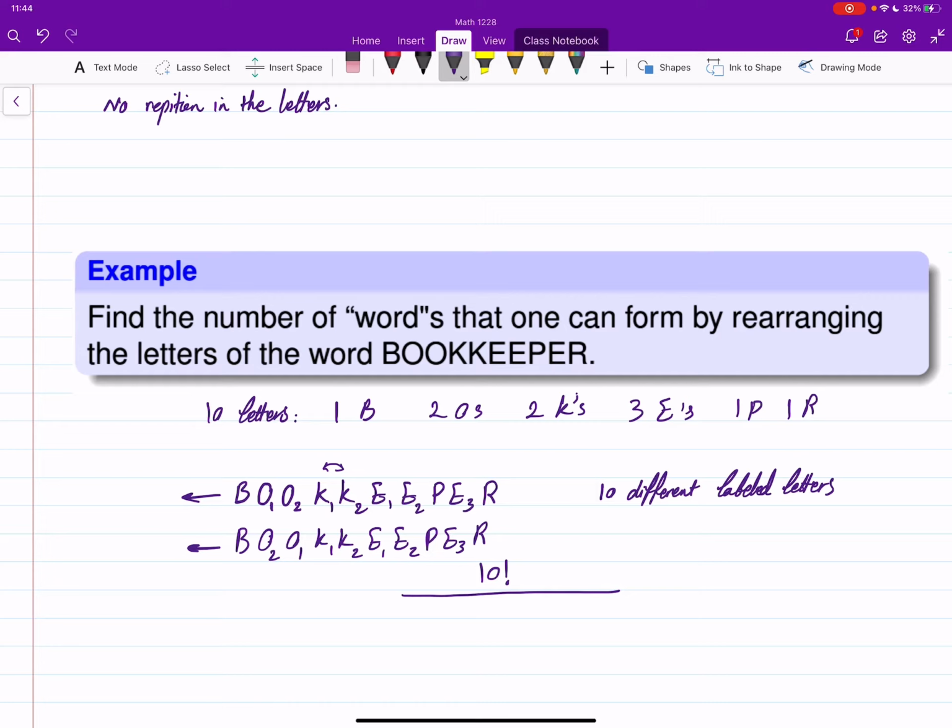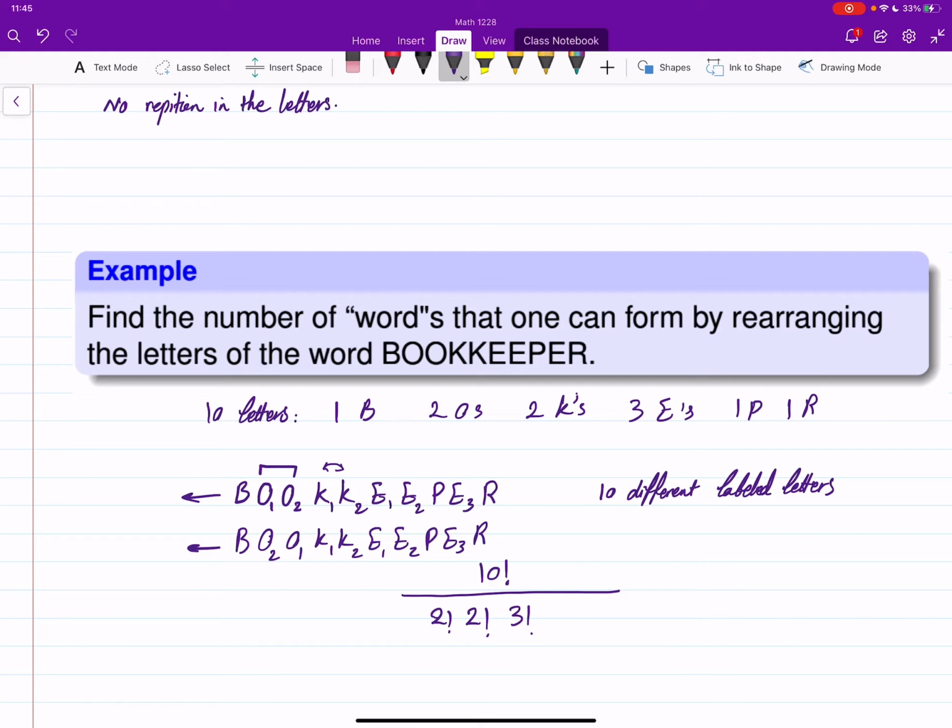It means that whatever we counted, which was 10 factorial, we have to divide by 2 factorial, because if I change the place of O1 and O2, I am getting the same thing. I have to divide by 2 factorial for the K's as well. There is only 1 B, I just made up those labels. Then 3 factorial for the E's, and that's it.